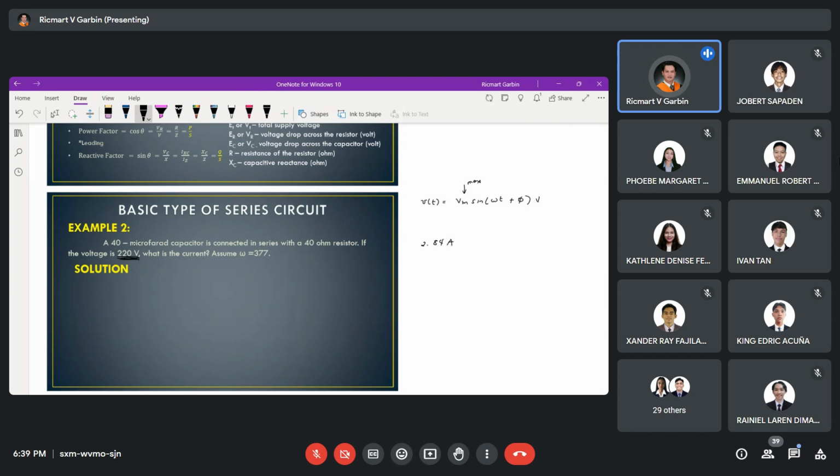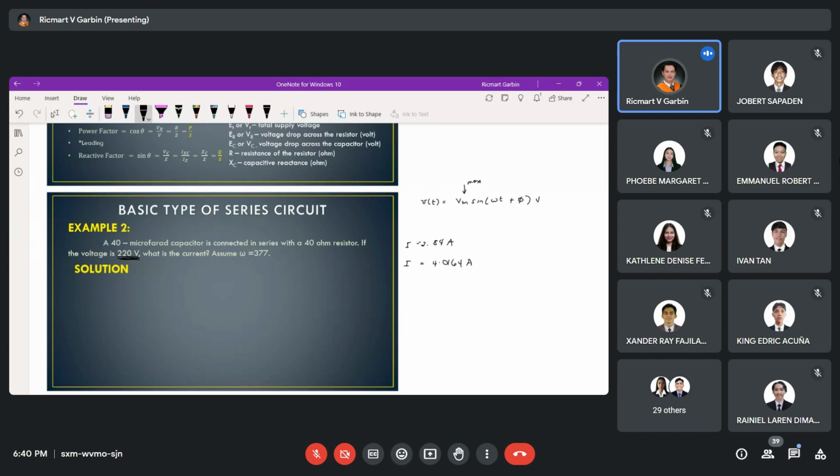So supposedly ang magiging sagot natin diyan ay i-compute natin siya, 2.84 times square root of 2.